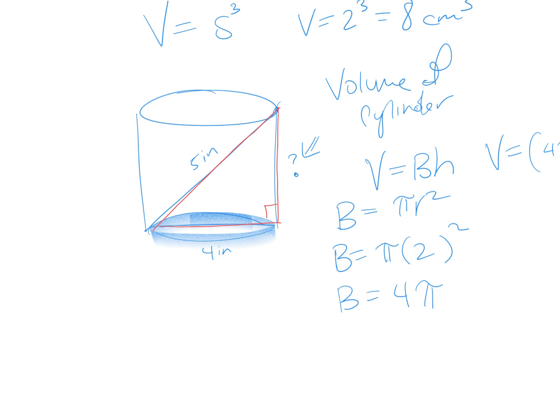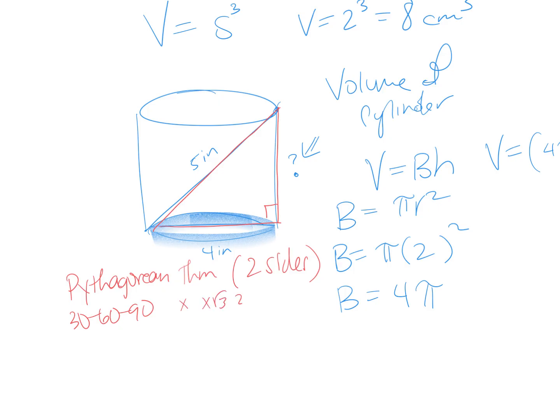So anytime there's a right triangle, there's four things you can do. You can use Pythagorean theorem if they give you at least two sides and you're trying to find the third side. You can use 30, 60, 90. If you know the angles are 30, 60, 90, you can use that pattern: x, x root 3, 2x.